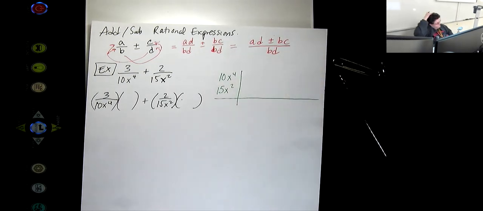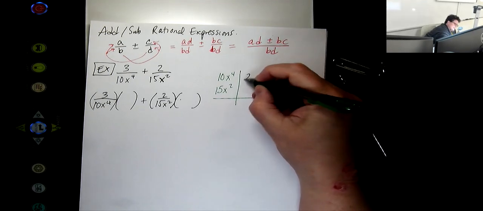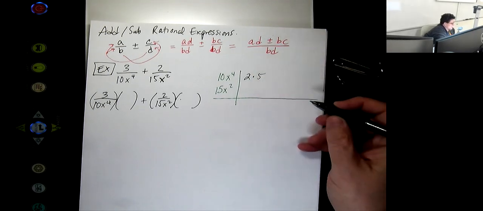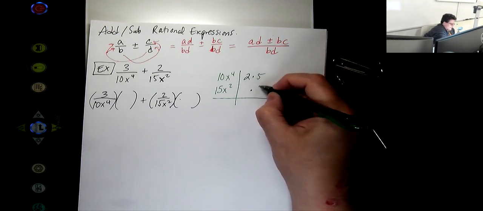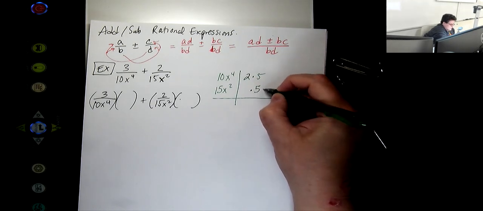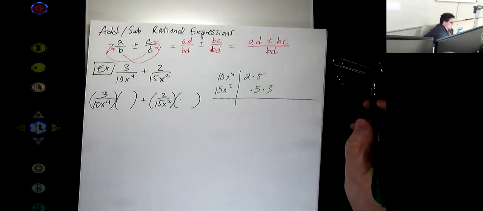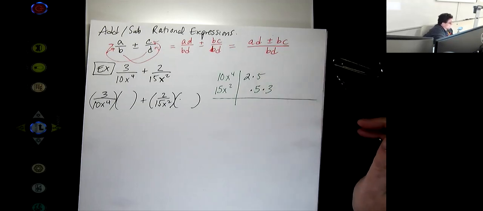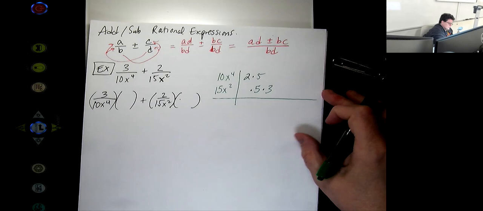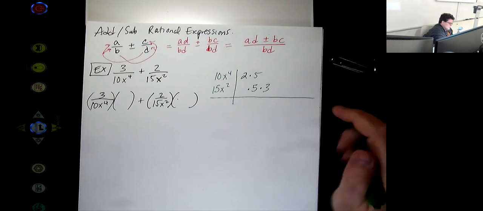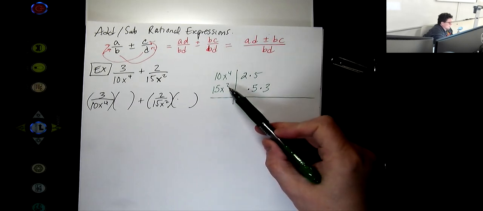I'll start with just the numbers. 10 is 2 times 5. And 15 is 3 times 5. I think I did this table with you guys before. We want to line up the numbers that are the same, so I'm going to line up the 5s. Next thing I'm going to do is look at the exponent that has the smallest number.